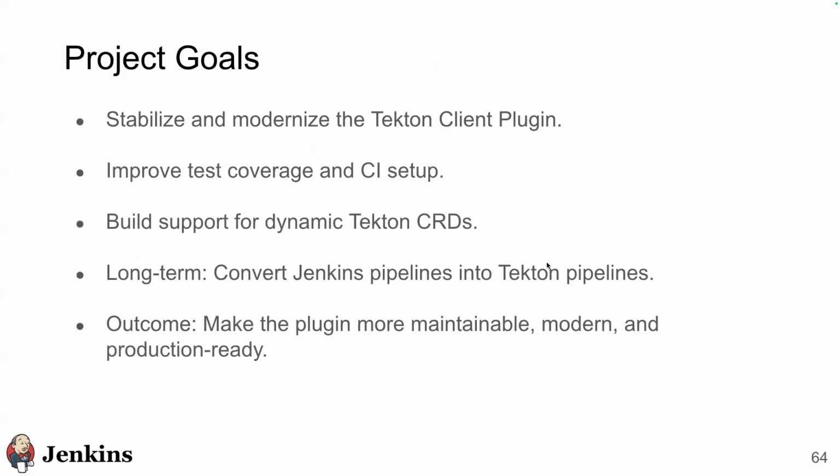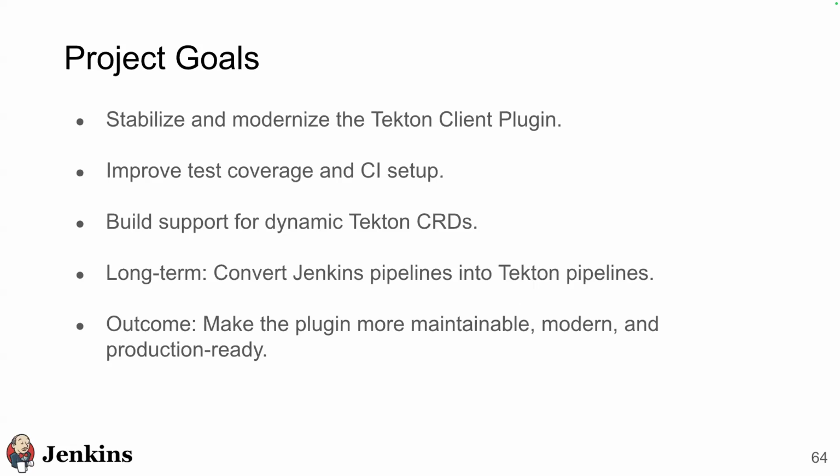So based on these issues, we established clear goals on our modernization effort. Our primary goal was to stabilize and modernize the Tekton client plugin, make it more product ready. We wanted to improve the test coverage and the CI setup, replacing the unreliable testing infrastructure.